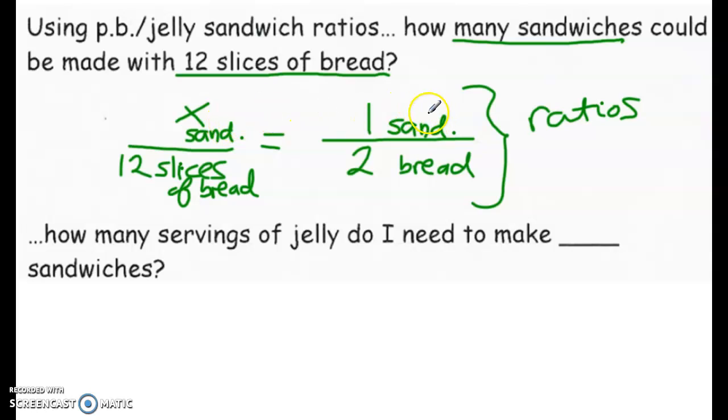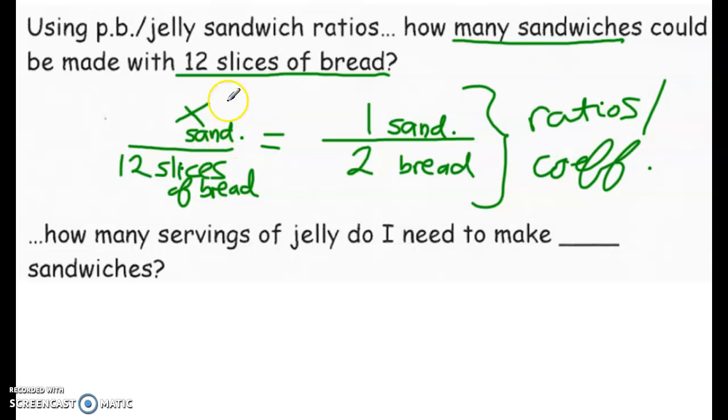So sandwich, sandwich. Denominators have to also match. Slices of bread, slices of bread. The numbers we put in this ratio on the right are essentially the coefficients from your equation. So when I say ratio, it's the same thing as saying the coefficients from your equation.